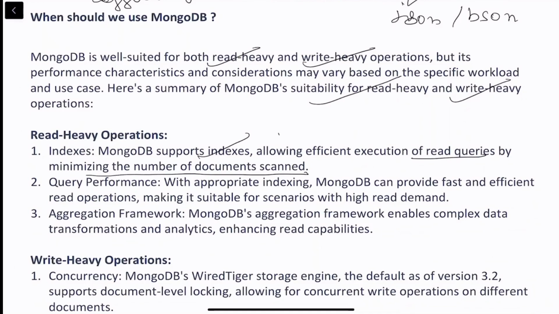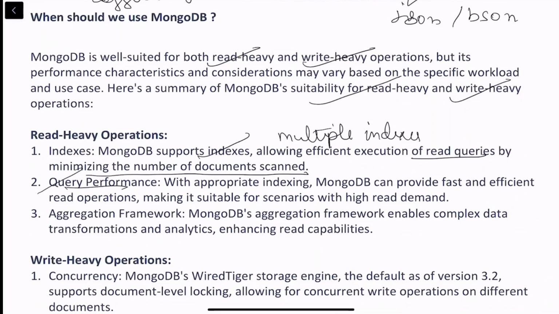So you can have multiple indexes, which will help you reduce the number of document scans and find the documents much faster. Also, query performance increases with appropriate indexing, and hence read operations improve significantly.